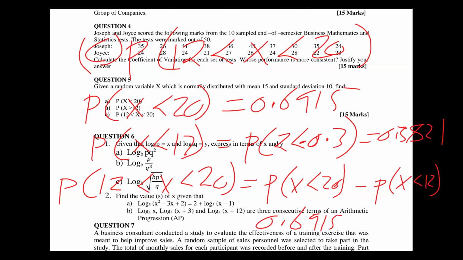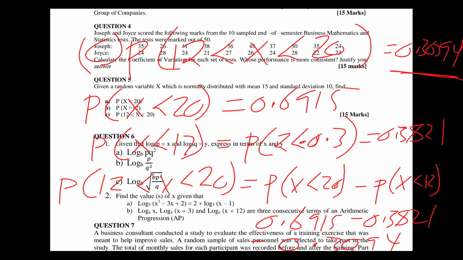Minus the probability that X is less than 12, which is 0.3821. When you do your computation, you should be able to find 0.3094 as the probability that X will be within this range.